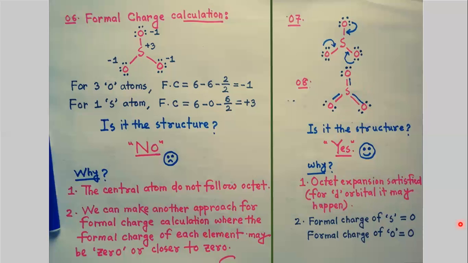And the second one is that the formal charge of sulfur is equal to 0. If we calculate the formal charge of sulfur in this structure, it will be 0, and for the 3 other oxygens, it will also be 0. As it satisfies the formal charge rule, this will be the structure of sulfur trioxide.